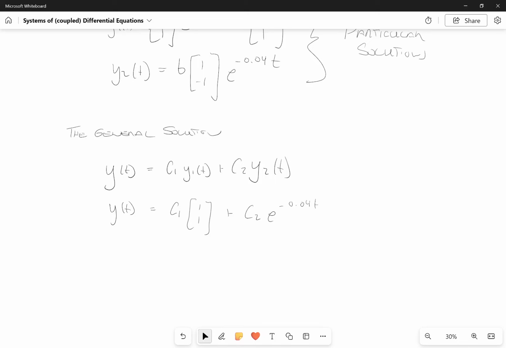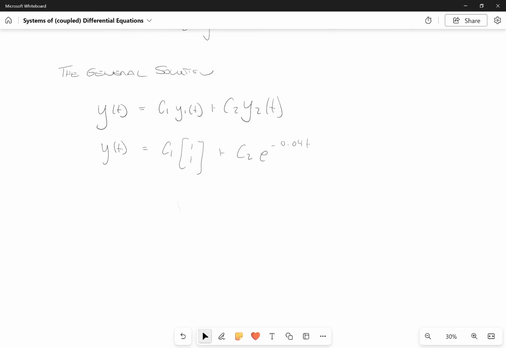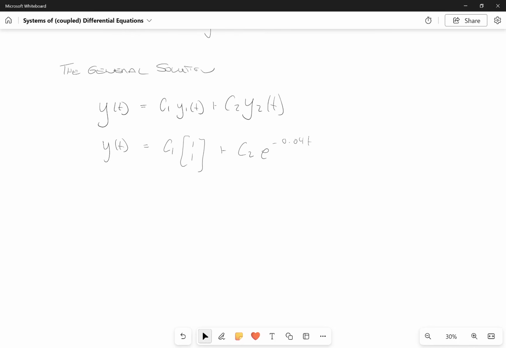Okay. So now what do we know? We need to solve for c1 and c2. From the general solution, you can get the particular solution to your problem using the initial values. So the particular solution requires the initial conditions.